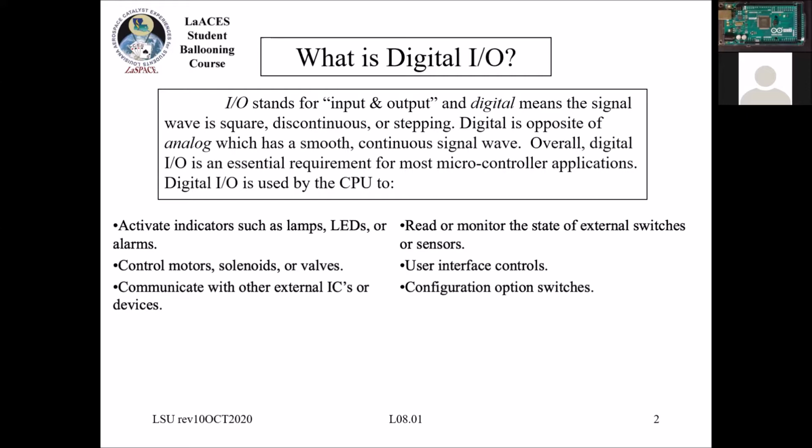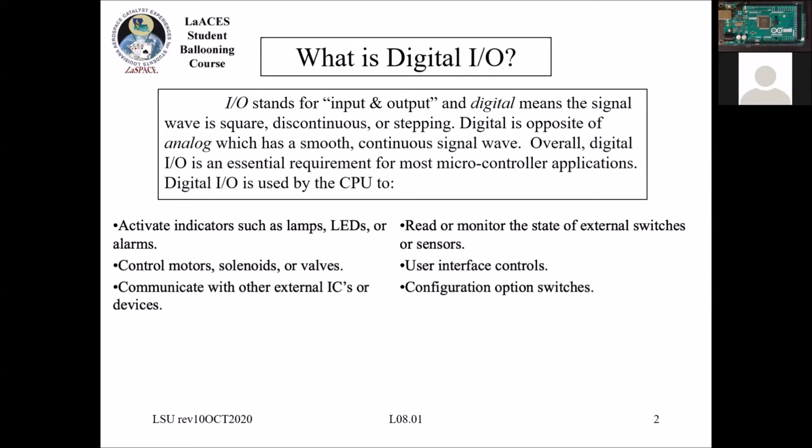If you were to look at the signal on an oscilloscope as a function of time, it would look like a bunch of squares, or steps. This is as opposed to an analog signal, which is smooth and continuously varying.